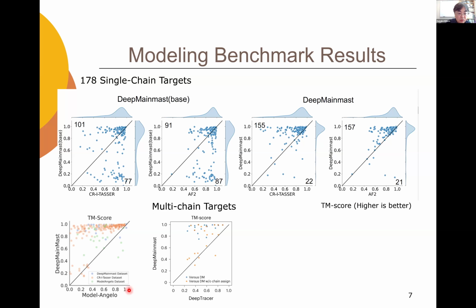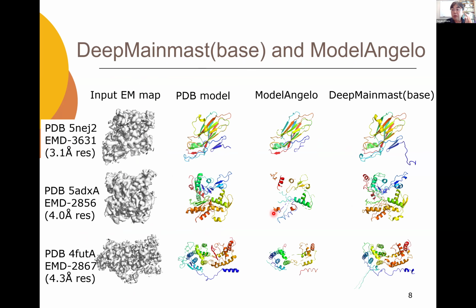Here I'm also comparing with some other methods, including ModelAngelo. ModelAngelo works very well in relatively high resolution, but when it comes to lower resolution, like 4 to 5, 3.5 to 5, DeepMainMast is usually better. Because we focused on the modeling of lower resolution, because I thought that's where people need some help from the modeling methods.